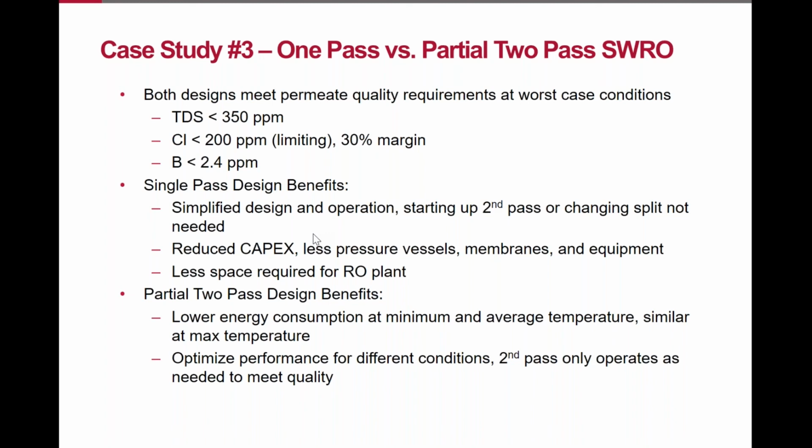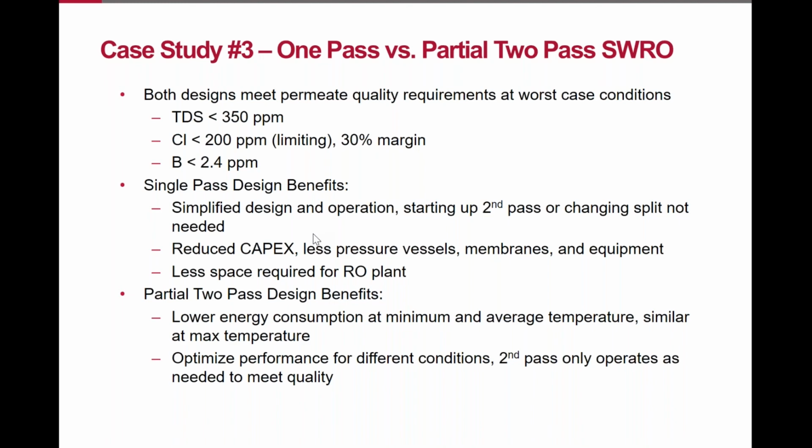You don't need to worry about changing the split percentage, for example, depending on the requirements. You just operate at single pass at all times. You also have a reduced capital cost because you don't have a second pass. You have fewer pressure vessels, fewer membranes, less equipment, less piping. And of course, you have less space overall required for your RO plant.